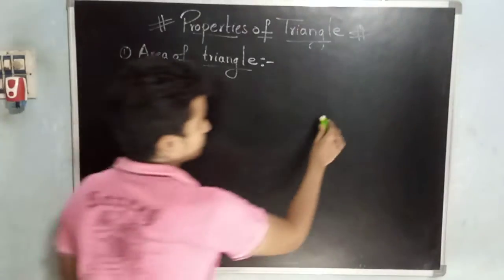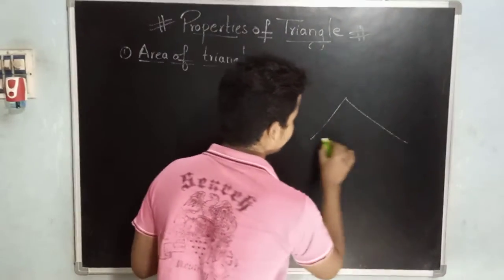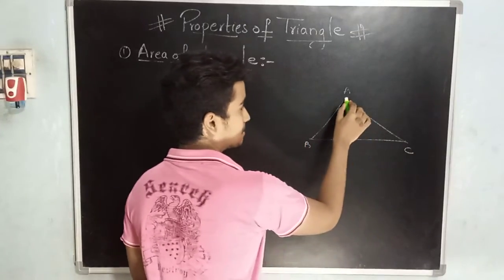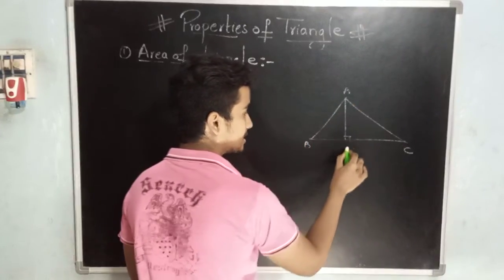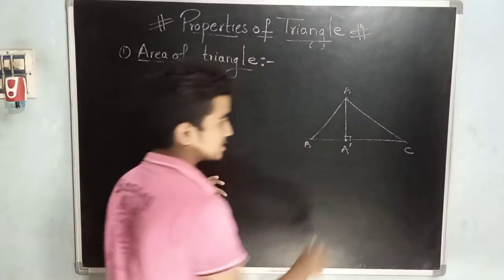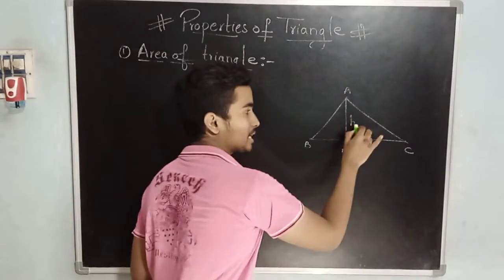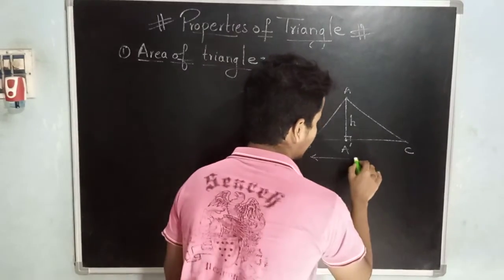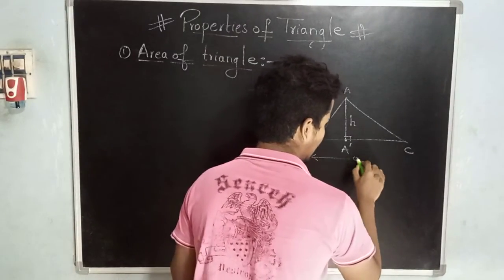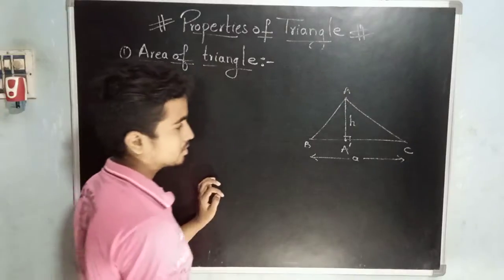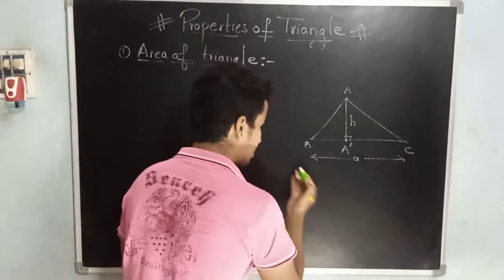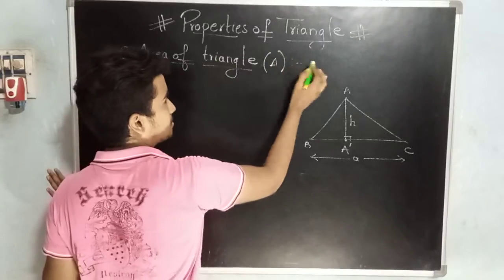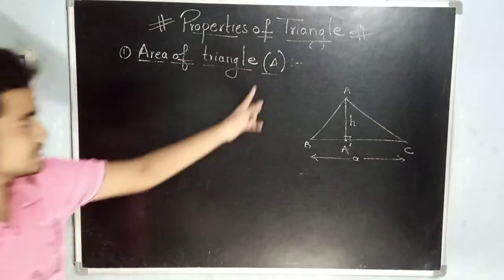So let me make it familiar. Triangle ABC. Let me drop a perpendicular, let me name its foot A dash. Let me consider its height as small h and its base length as a. The area of triangle is denoted by the symbol delta.